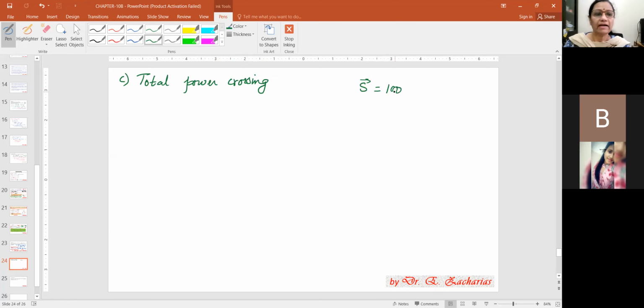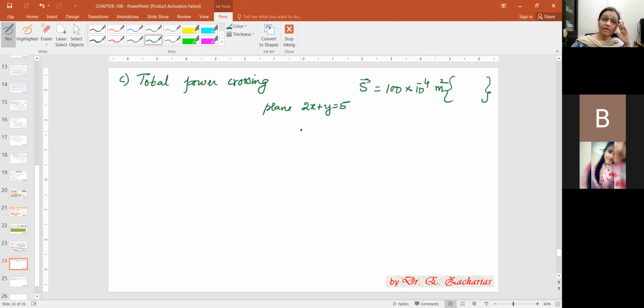It is 100 centimeter square, so convert it into meter square: 10 to the power of minus 4 meter square. And what is the direction of this? Look at the equation for the plane. The plane is given by 2x plus y equal to 5.